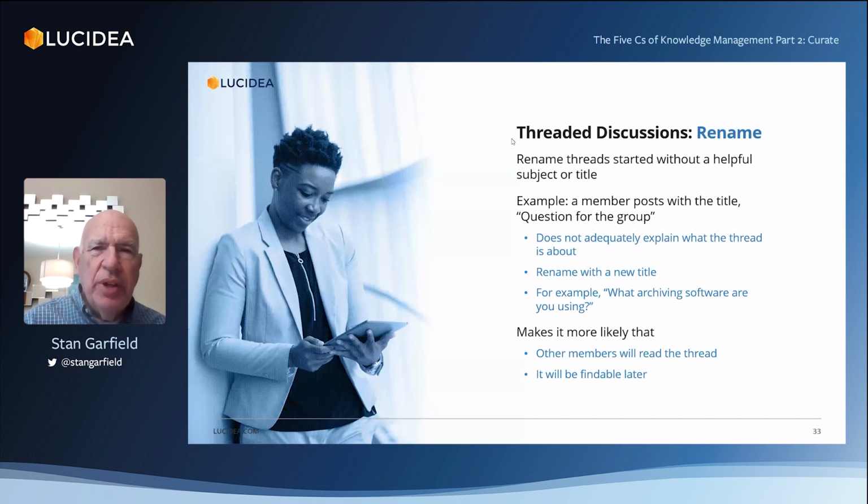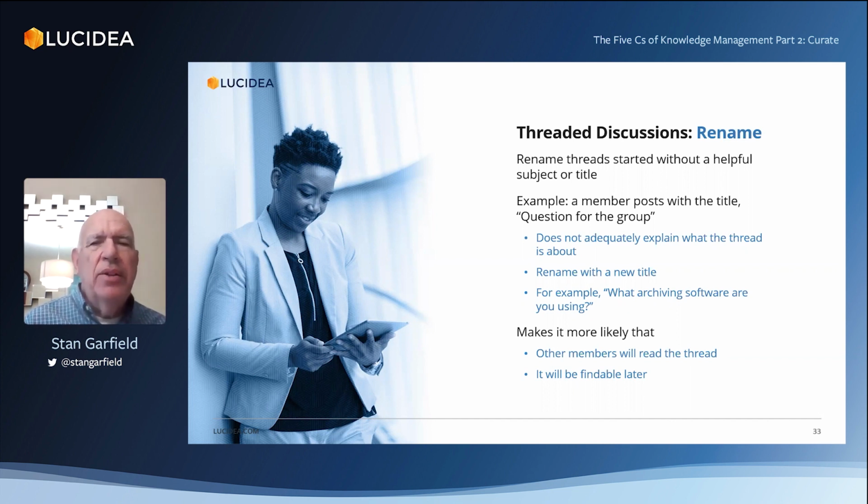Another function of curation of a discussion is to rename the discussions. Many times when people start threads, they don't think this through. They just put in some kind of bland or nondescript title, or they may not put any title in at all. And as a community manager, you can remedy that by going back and renaming the threads so that they're useful.